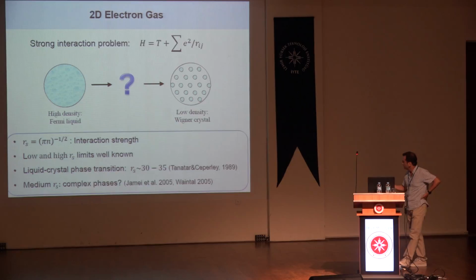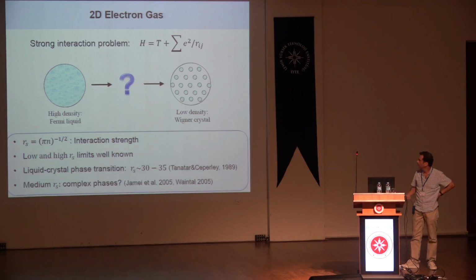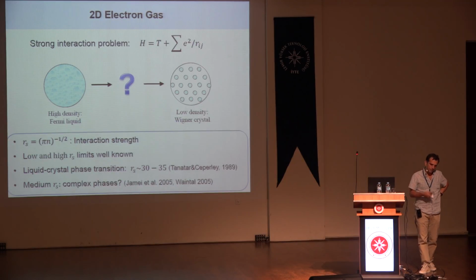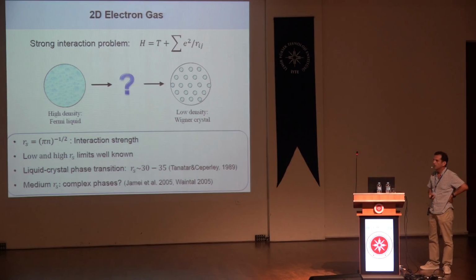These two limits are well known, well understood. What is more interesting, or maybe more complicated, is how this transition happens, because for medium electronic densities, this Hamiltonian is not perturbative anymore. So you have to solve the many-body problem exactly, most often numerically.